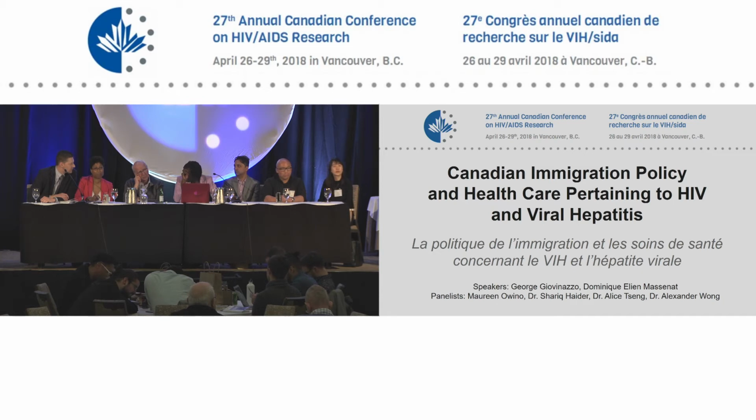And I'm wondering if CIC can come up with a strategy like that, so that people can actually see names and numbers for linkage to care when they enter Canada.